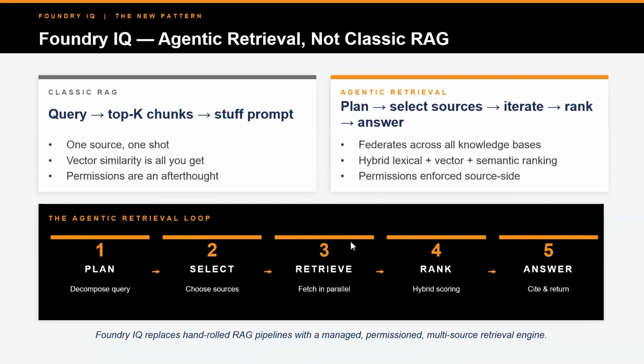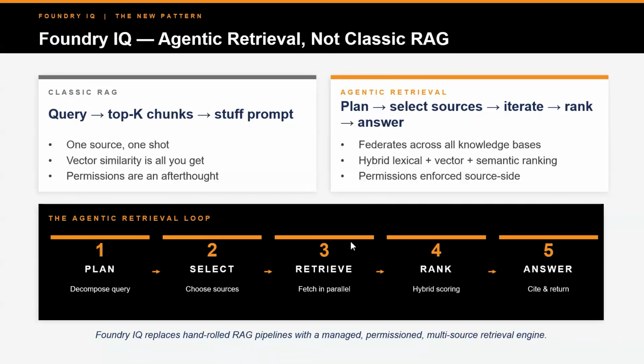Some of the limitations with traditional RAG are that it's one source, one shot, what we get is vector similarity, and it's also a little bit harder to implement permissions, especially if you're going with the traditional RAG pattern using Azure AI Search. With agentic retrieval, you can get answers which are federated across all knowledge bases.